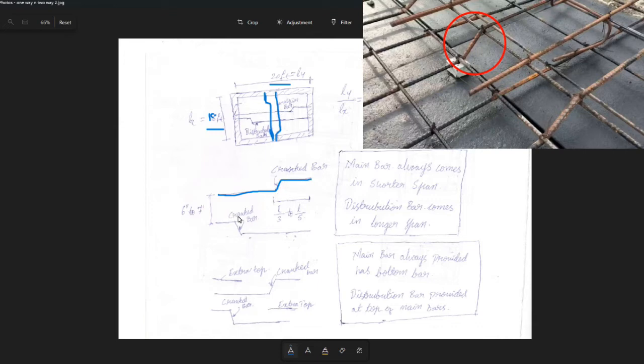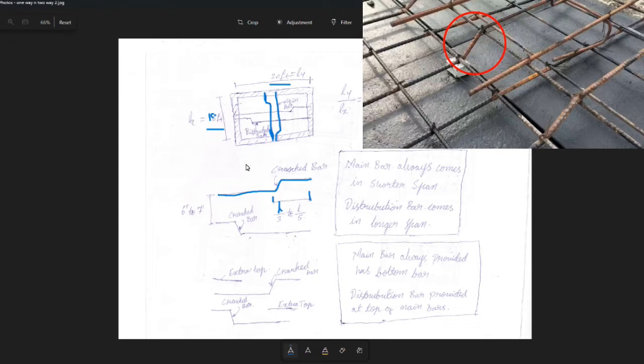Whatever crank we put, the distance from the center line of the wall, that length we're going to consider as L by 3 to L by 5. Suppose your room size is 20 by 18.